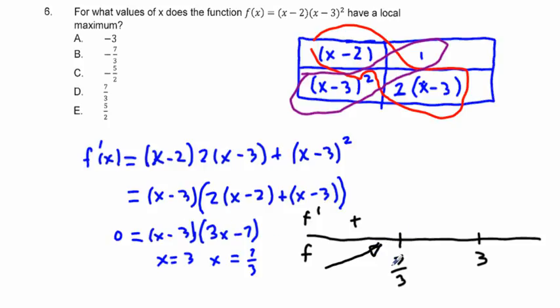Because we have this 0 with a multiplicity of 1, we're decreasing after 7/3, and then after 3, we're increasing again. So our relative maximum, or local maximum, is right here at 7/3. So for this one, 7/3 is our correct answer.